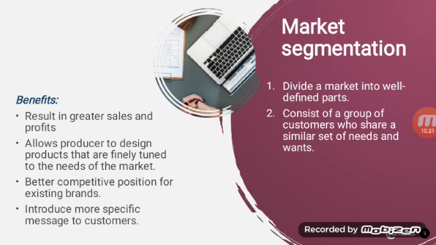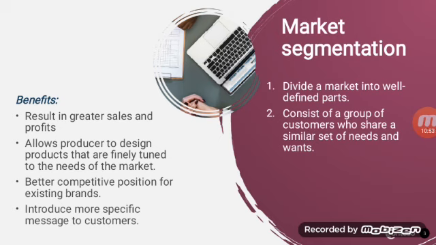You should actually divide your market into smaller groups, because when you divide into smaller groups, you can directly target people, and this will help you design products that are finely tuned to the needs of that particular group.